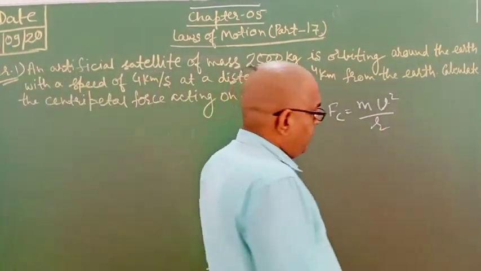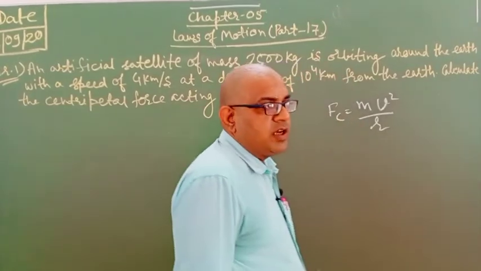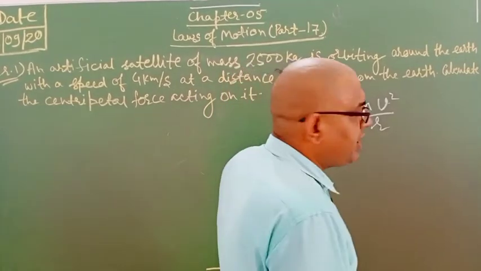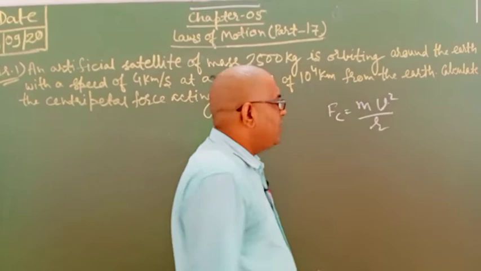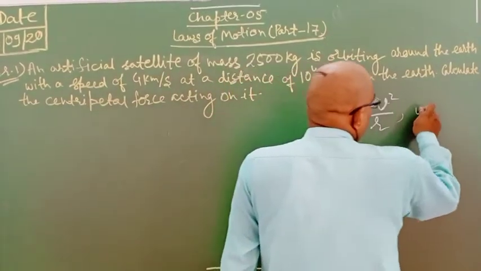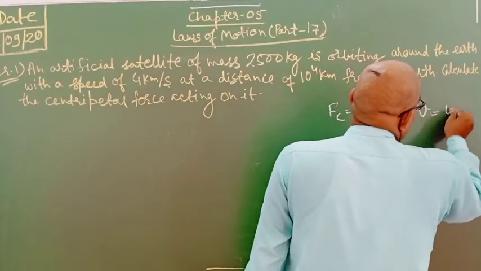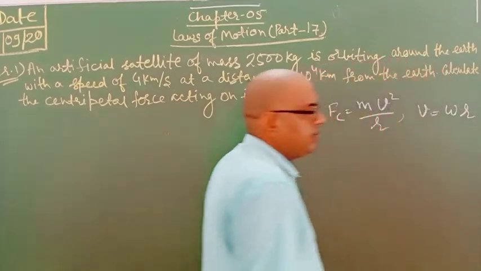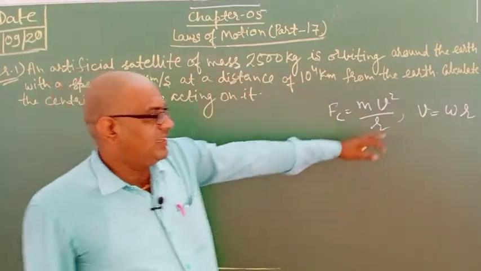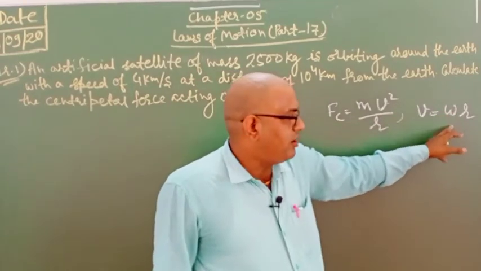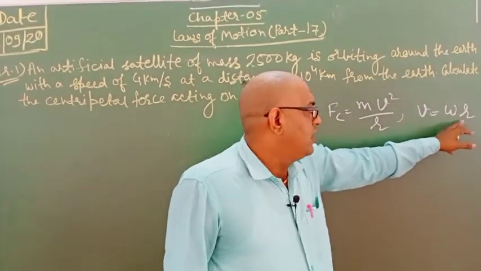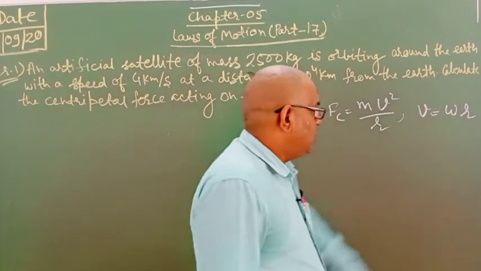But while discussing the kinematics of circular motion, we had seen that velocity v is equal to omega into r, that is, linear velocity is angular velocity into radius r.